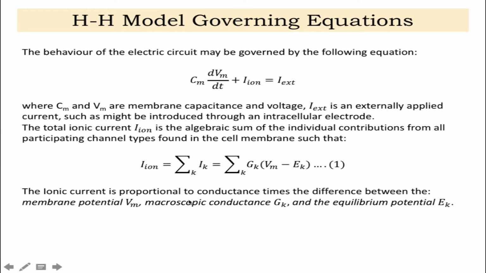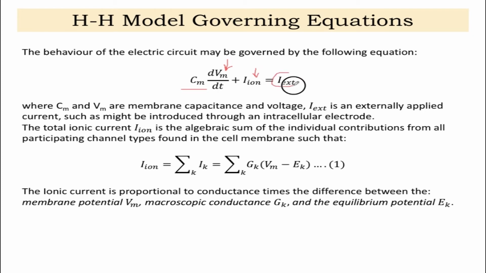So you can write a mathematical equation, where Cm is the membrane capacitance, and Vm is the voltage that you are either applying or measuring, the membrane voltage. I_ion is the current passing through the ion circuit, and I_external is the externally applied current.